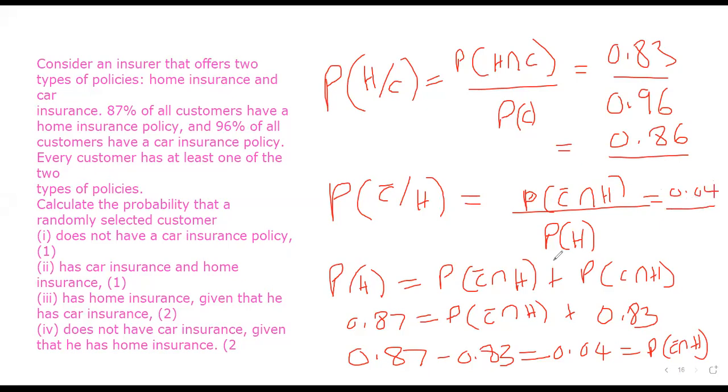The probability of H is 0.87. So what do we get here? 0.046.